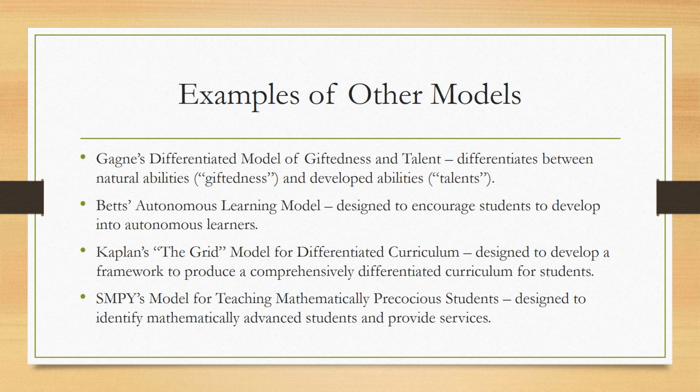This was designed to identify mathematically advanced students and provide services. You might have heard of the 7th grade SAT testing. This is affiliated with the Sempe model and operates in different colleges throughout the country. So take a look at these and other models, but delve deeply into one additional model to complete this module and its activities.